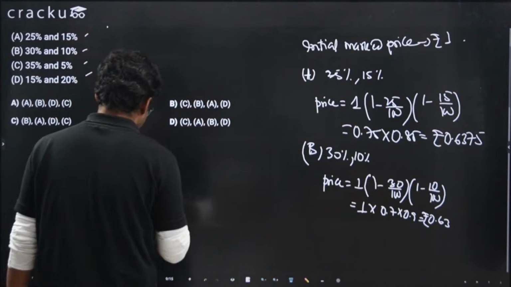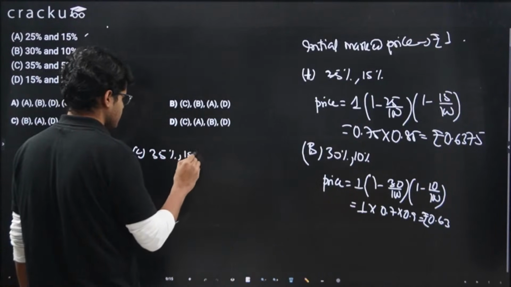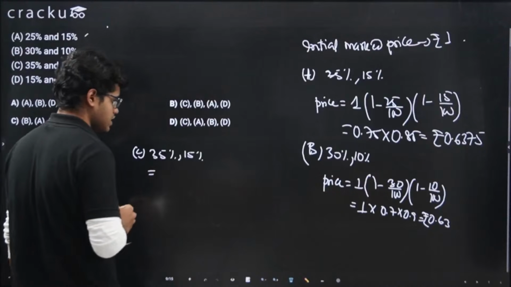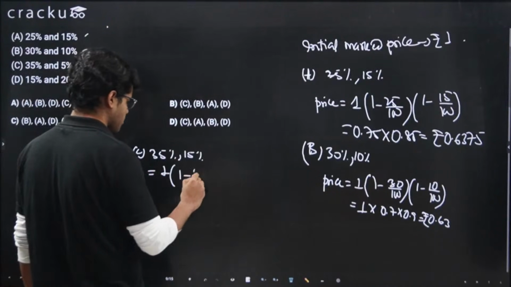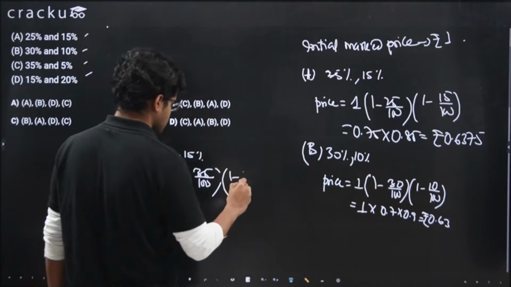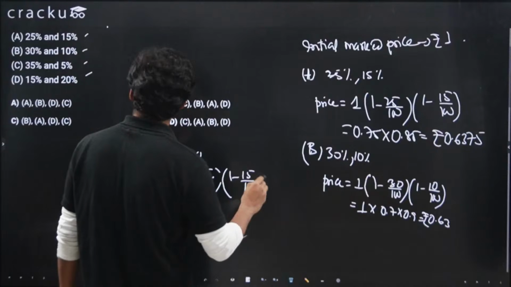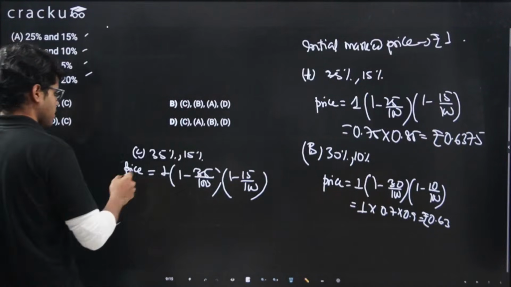Part C, we are having 35 percentage and 15 percentage, means the price after these discounts will be 1 into (1 minus 35 by 100) into (1 minus 15 by 100). Sorry, actually it's 5 percentage, my bad.